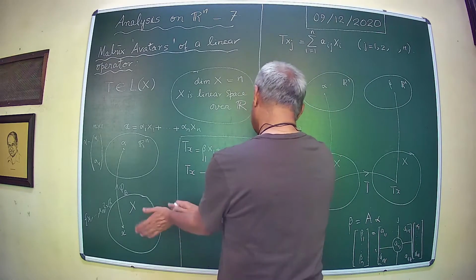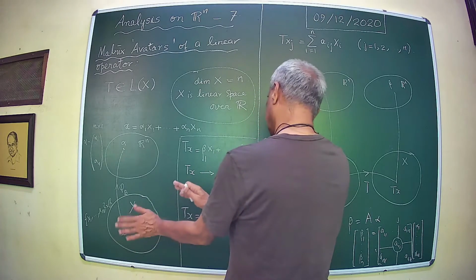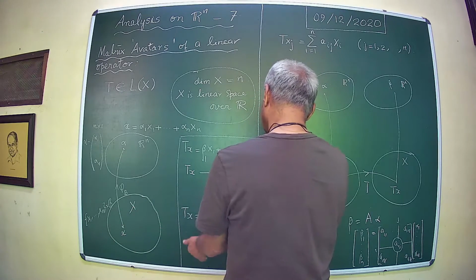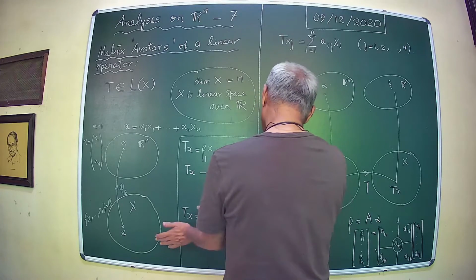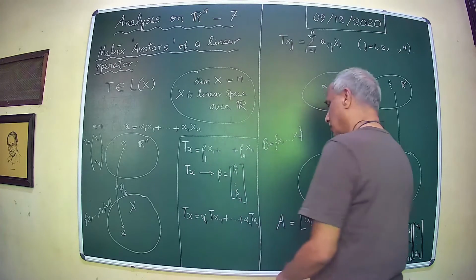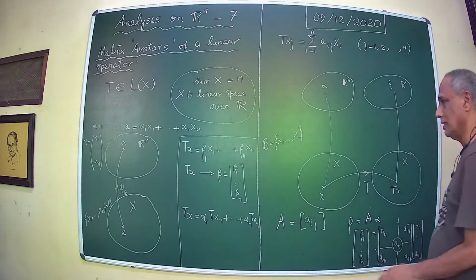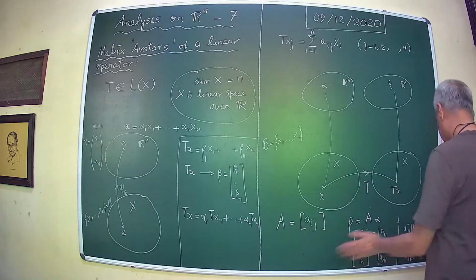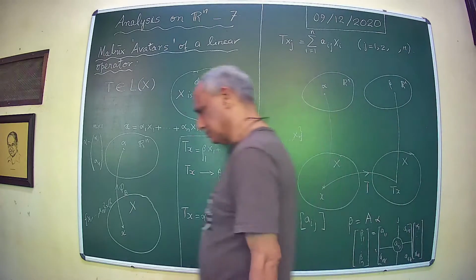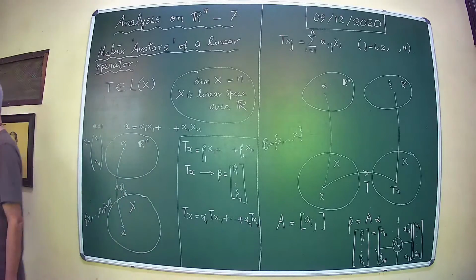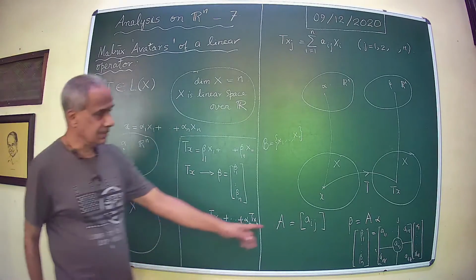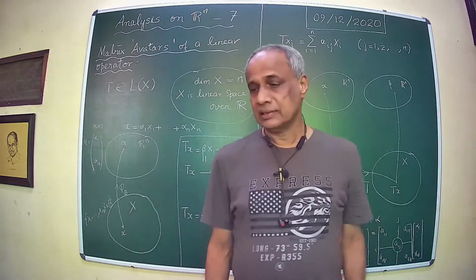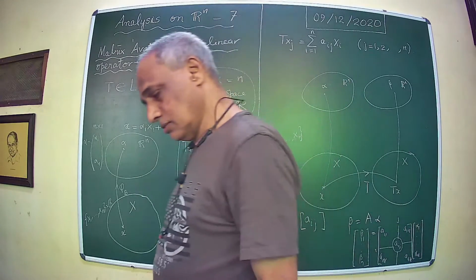On this side it is going to be beta 1 x1 plus etc. beta n xn. On this side you collect coefficients of x1, x2, etc., and then you weight, and then you get this kind of representation. So you can use the matrix theory to write this in this particular form. This is what we have.